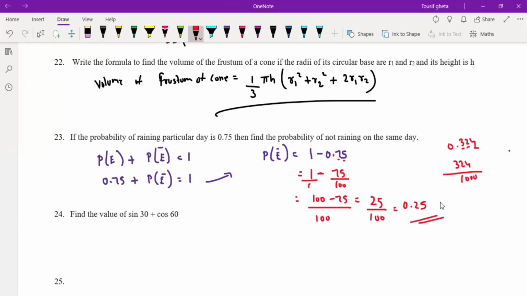The next question is from trigonometry. They're asking us to find the value of sine 30 plus cos 60. Okay, so you should be very much familiar with the trigonometric table. Do you know what is the value for sine 30?